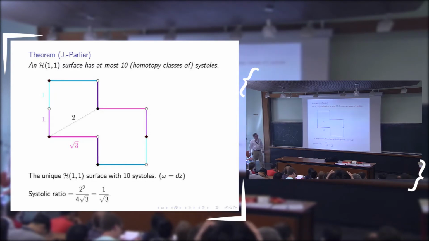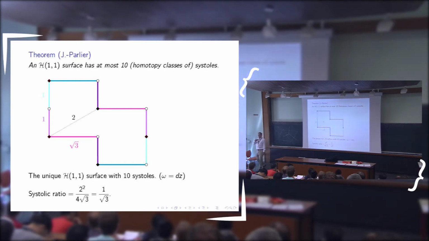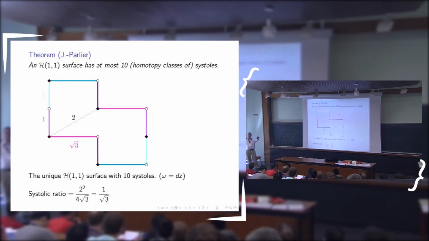Okay? And a curious thing, it's not the same as the conjectured maximum for the maximum systolic ratio, right? In the case of the hyperbolic surfaces, the Bolza surface served to maximize both the maximum number of systoles and the maximum systolic ratio.